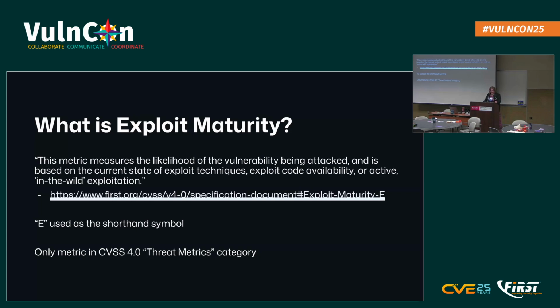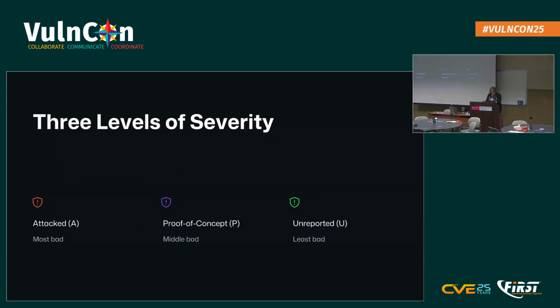And specifically, it's the only metric in CVSS 4.0's threat metrics category, which makes it a little different from the base score, environmental metrics, what were called temporal metrics in CVSS 3.1, and so on. It's unique because it's in its own category. It has 3 levels of severity that I put in order of most bad to least bad.